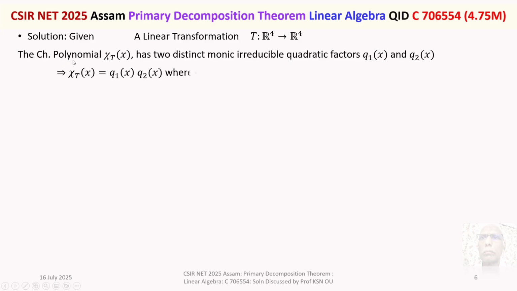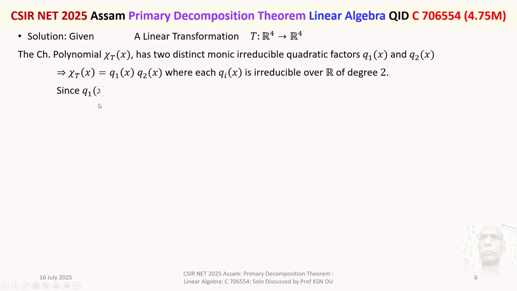That is, chi T of x is the product q1 of x into q2 of x, where each qi of x, that is q1, q2, they are irreducible over R of degree 2.